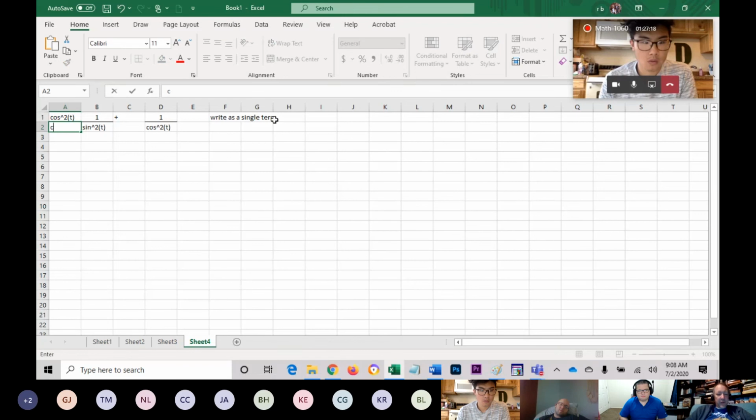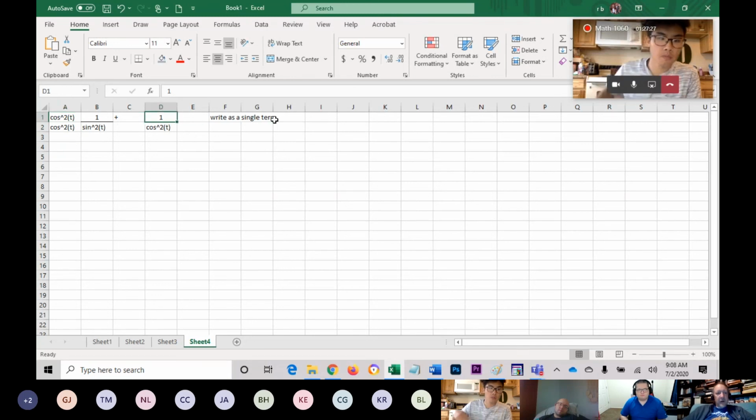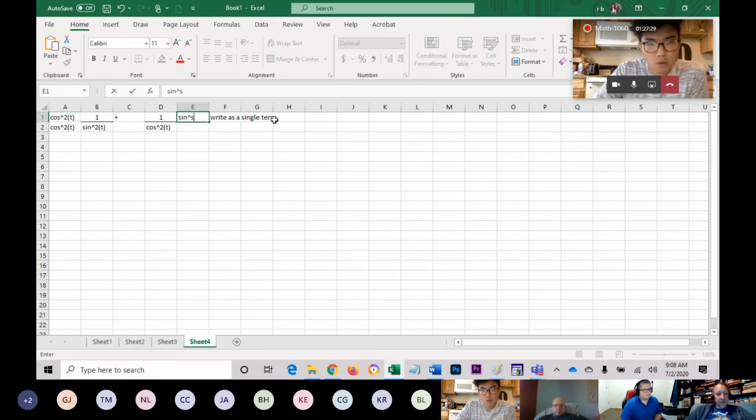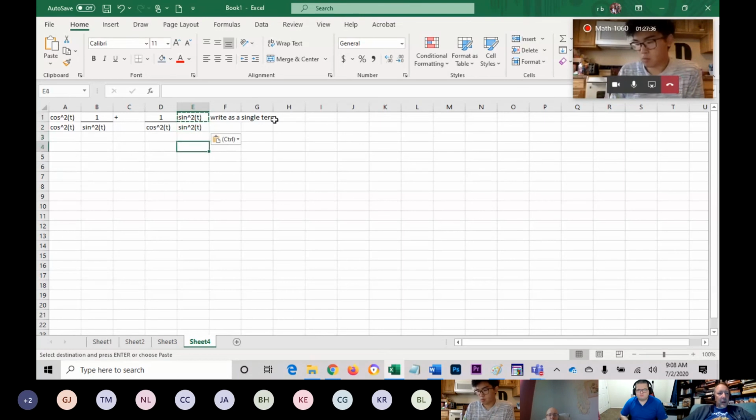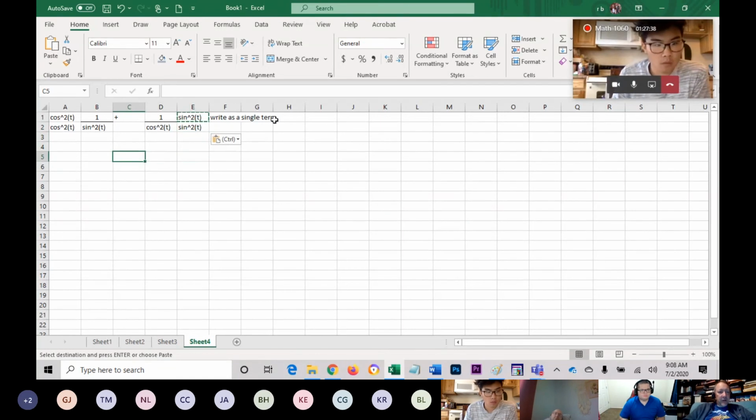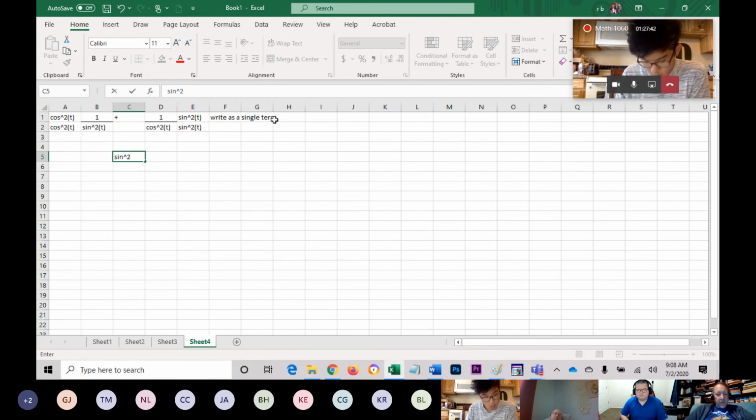So we're going to multiply the left side by the cosine squared of t. And this one over here, we're going to multiply by the sine squared of t, just like you said. Okay, so my common denominator is going to be the sine squared of t times the cosine squared.